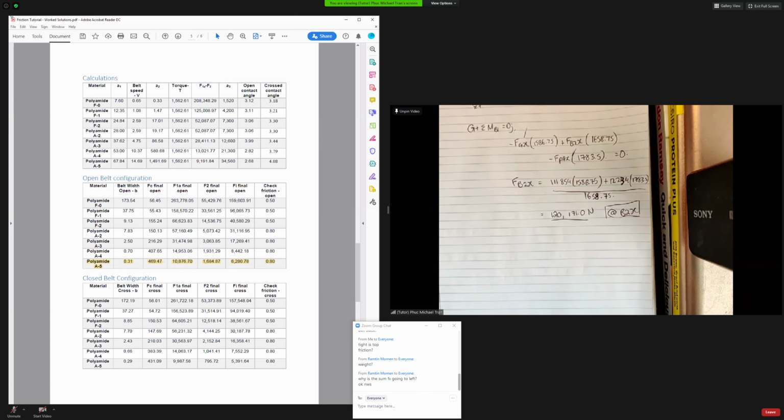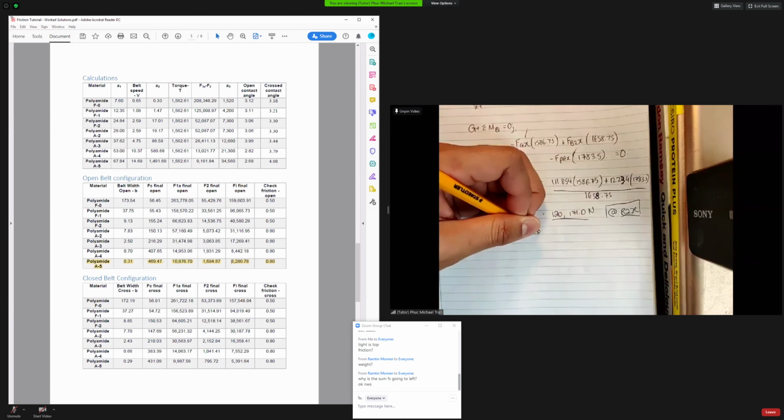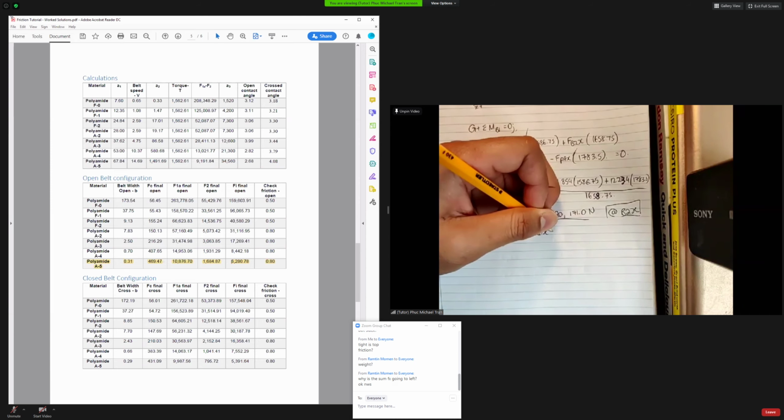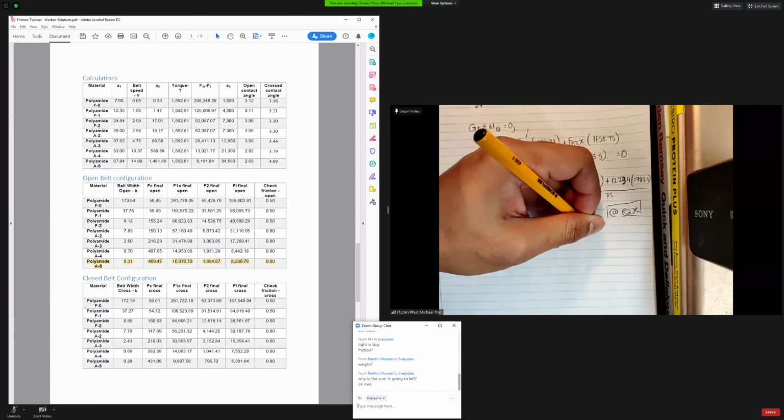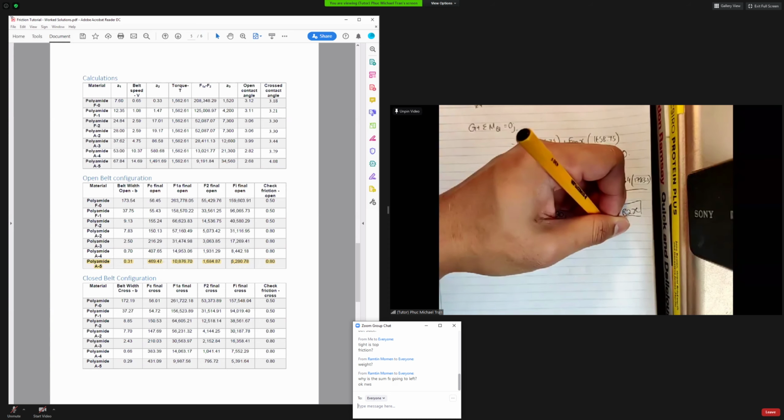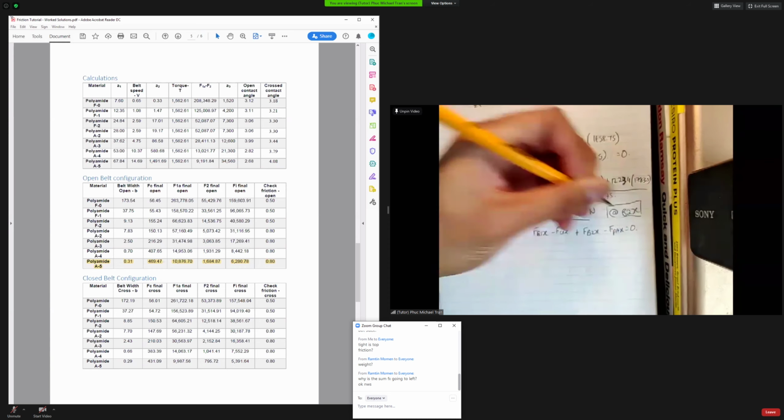And sum of forces again to get your B1x. Sum of forces in X equals 0: minus FGX plus FB2X minus FPAX equals 0.